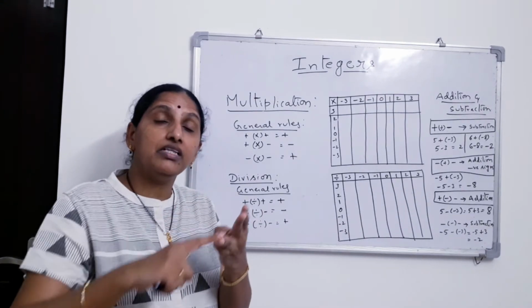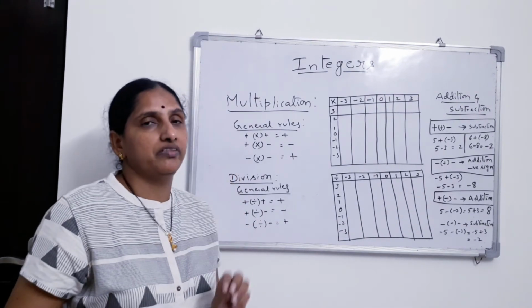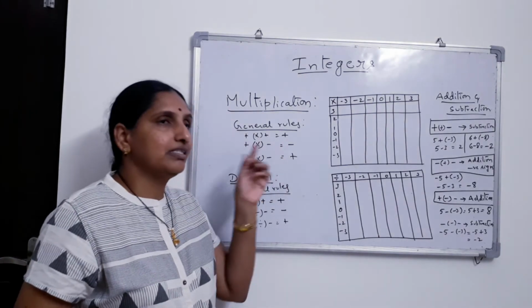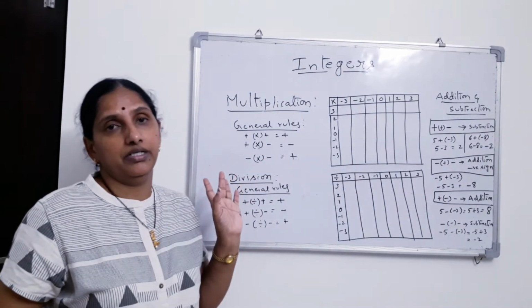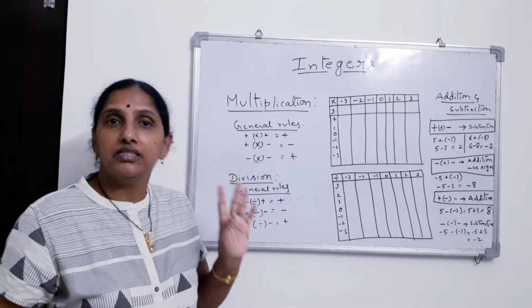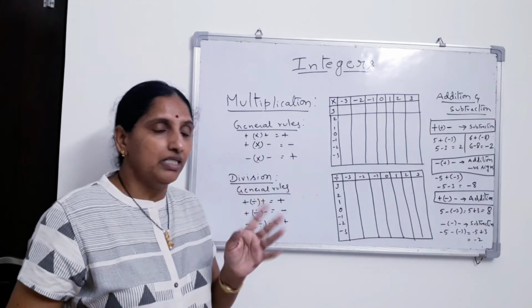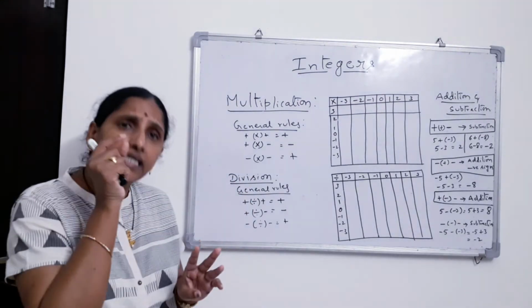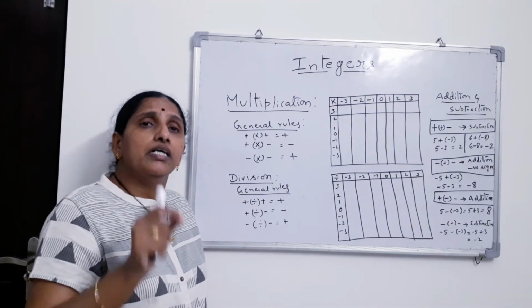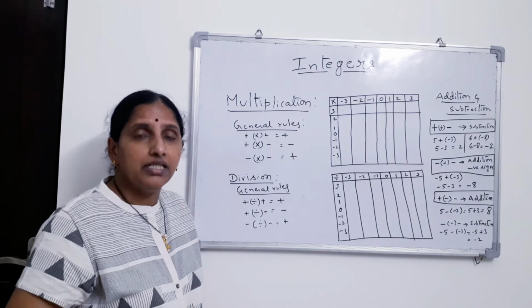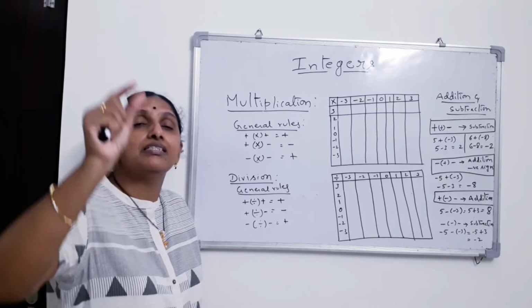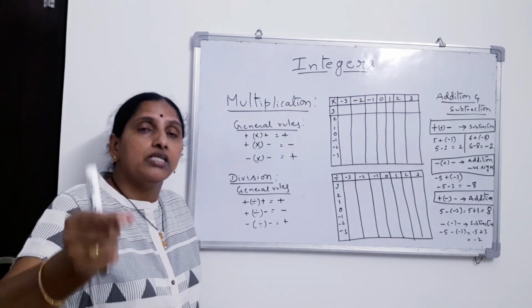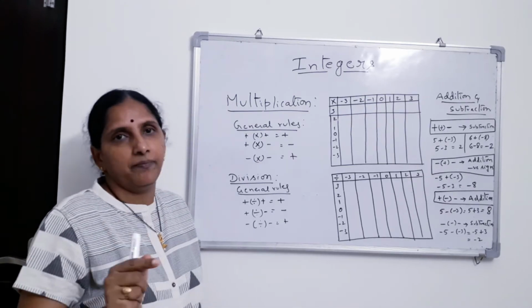That means wherever there is an odd number of negative integers, the result is always negative. Whenever there is an odd number of negative numbers in a multiplication, the product, that means the result you are going to get, is always negative.